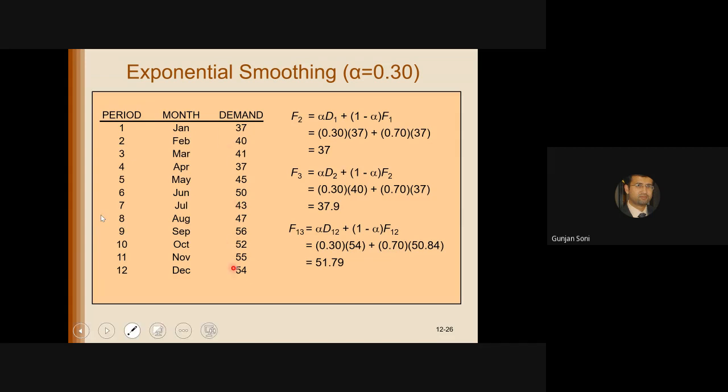Now, you see, some specific observations will be there when you start with the forecasting. Let's say I want to find out for period 2. Why can't I have F1? Can anyone tell me?